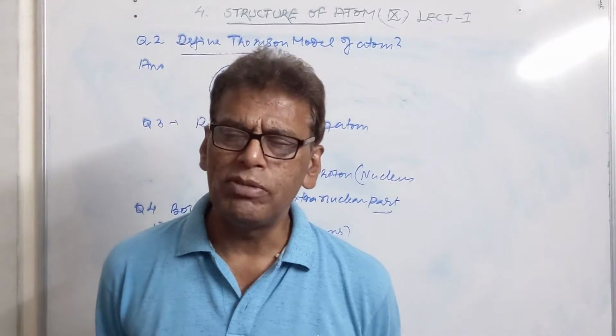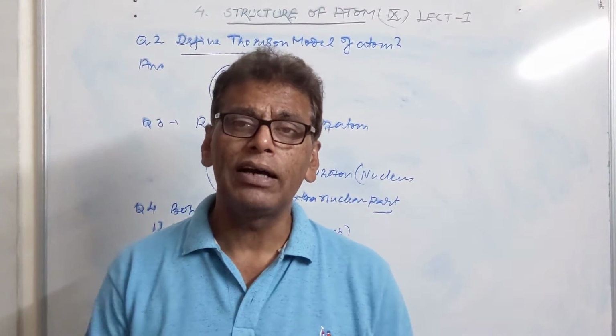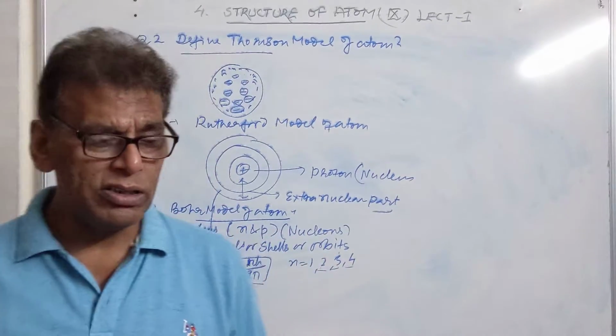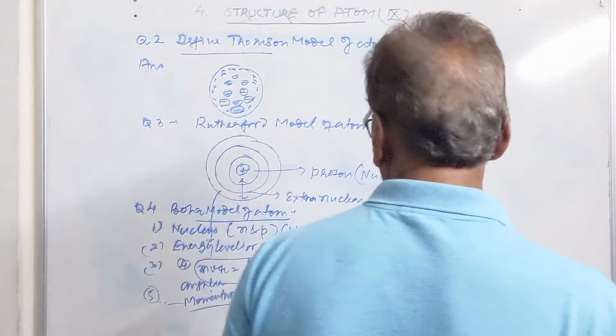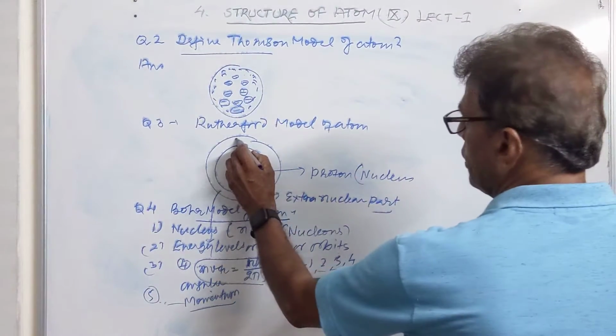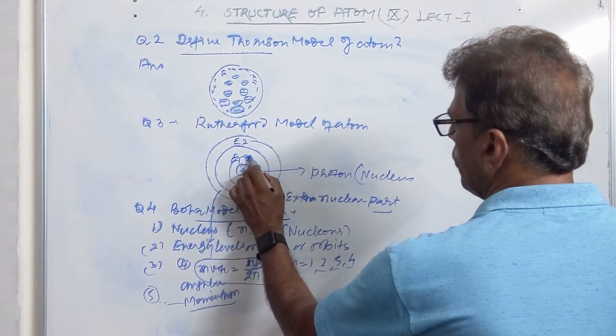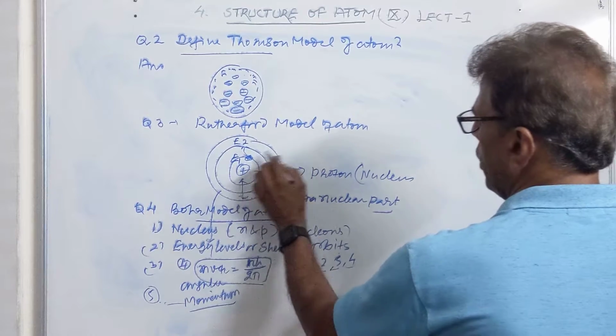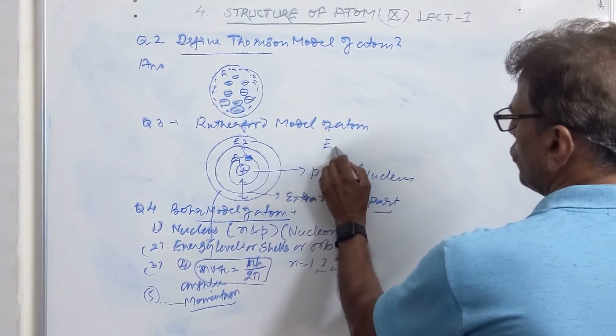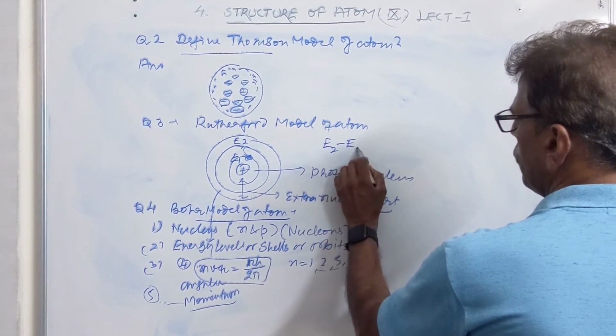The electron has to come back after releasing the absorbed energy in the form of photons of light. If E2 is the energy of the higher orbit and E1 is the energy of the lower orbit where the electron was present, then the energy lost or absorbed is given by E2 minus E1.